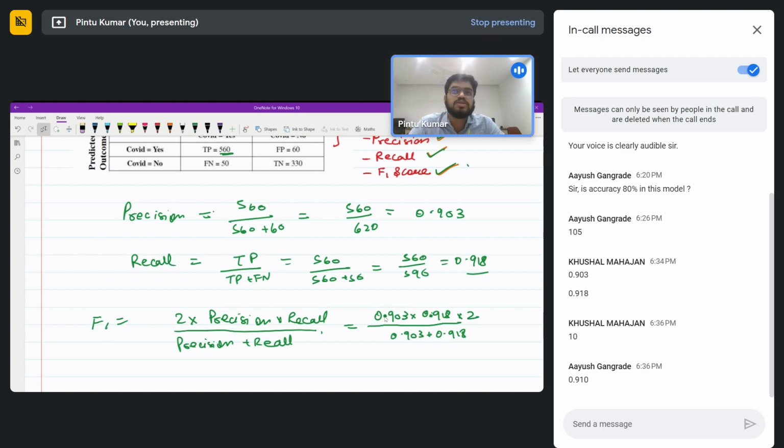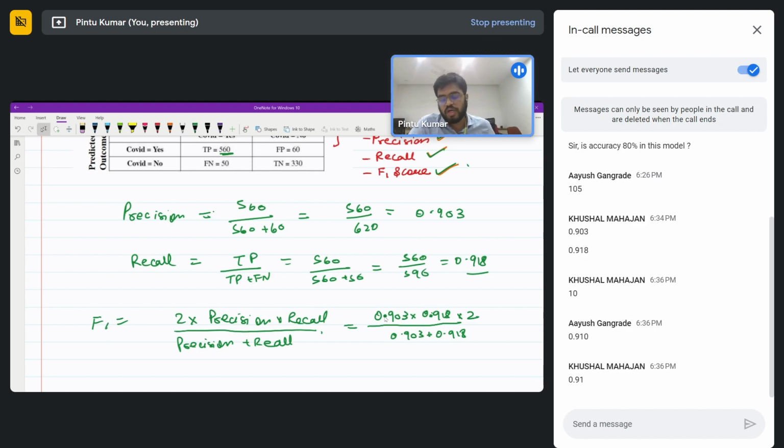This is just a simple calculation that you have to do on a calculator. So I did it on the calculator and I'm also getting 0.910. So 0.910 is the F1 score for this particular model.